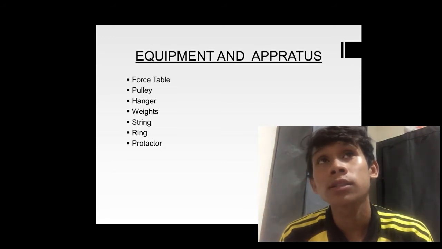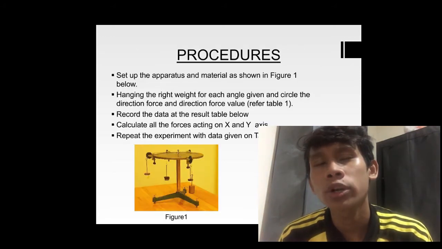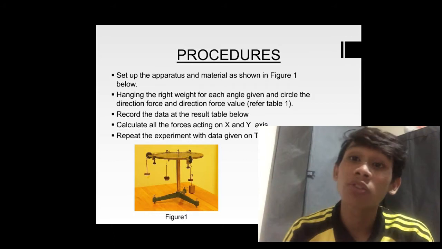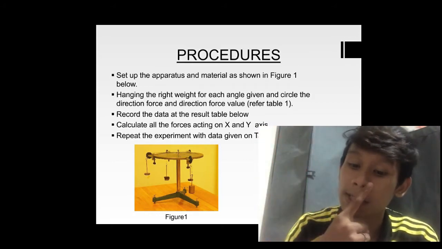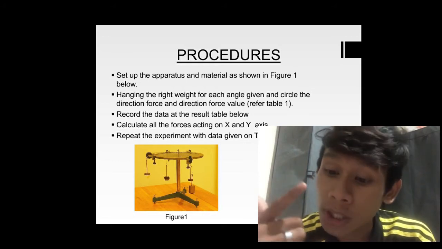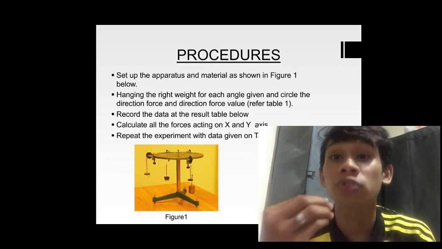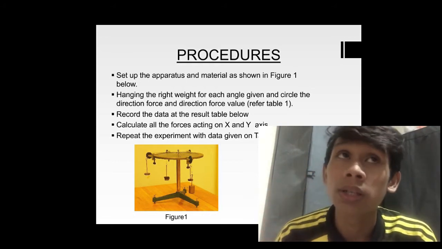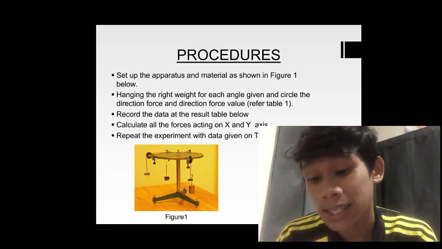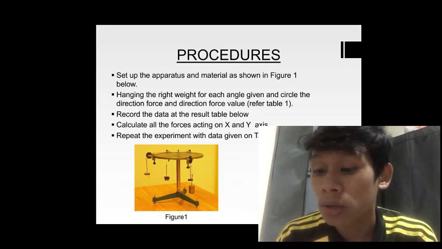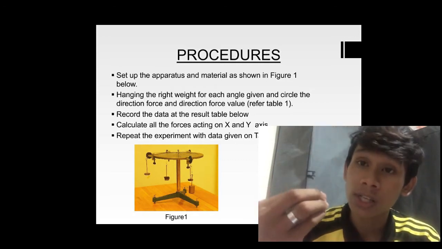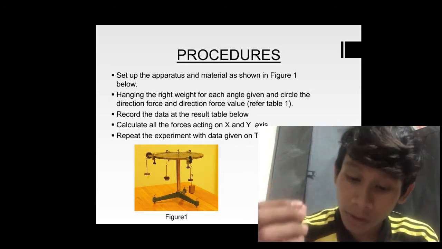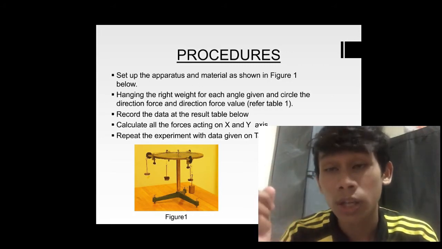The next point is the procedure. We have five steps. Step 1 is to set up the apparatus and materials as shown in figure 1 below. Step 2 is to hang the right weight for each angle given, with the force and direction values referring to table 1.